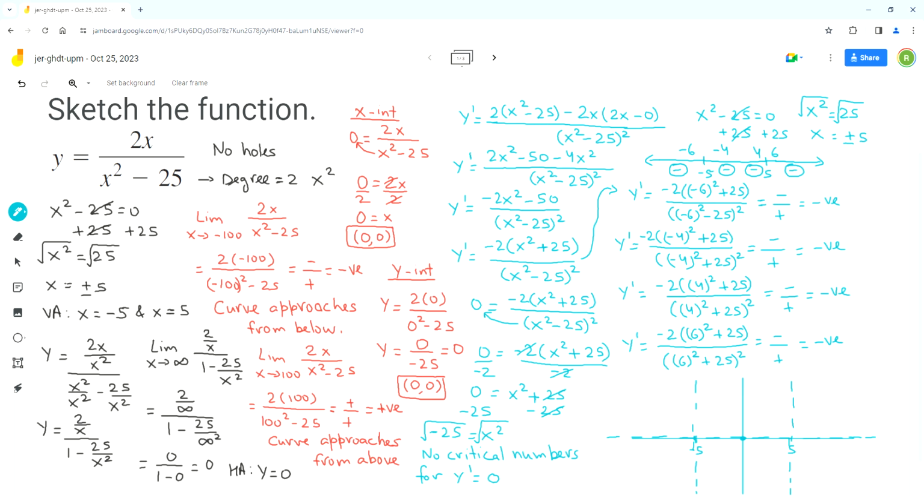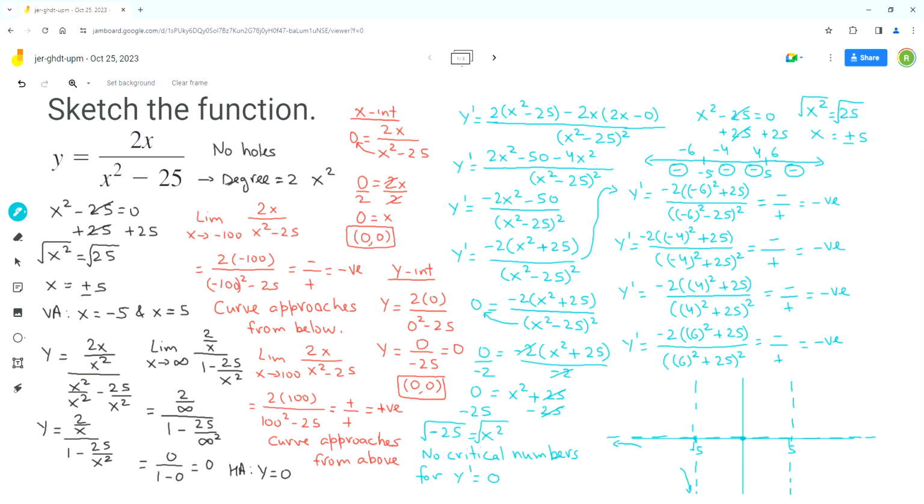Now on the left side of this vertical asymptote, the function is decreasing. So that means we can show the behavior around the vertical asymptote like this. And now for the horizontal asymptote, we got that on the left side, the curve approaches the horizontal asymptote from below, so like this.